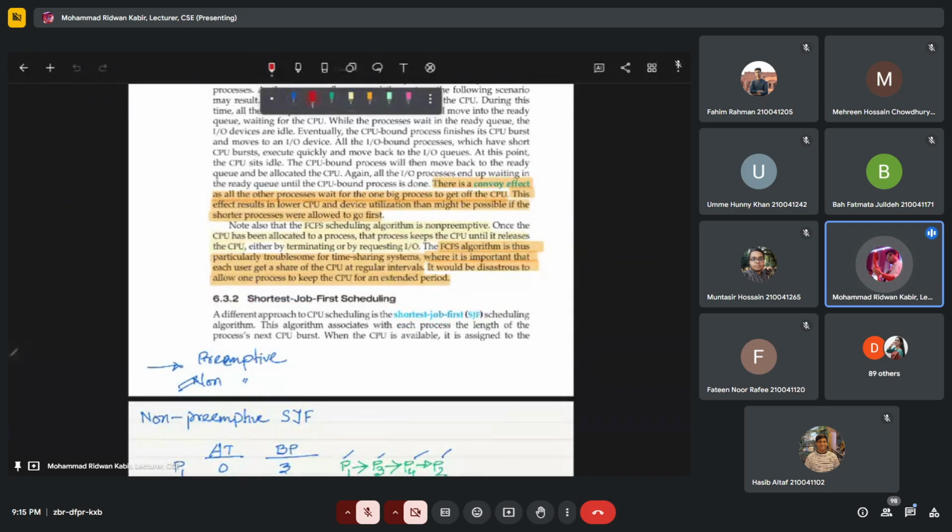Before we go into the preemptive scheduling algorithm, we'll talk about a non-preemptive scheduling algorithm, and this is basically the shortest job first algorithm, which sorts the processes by their CPU burst cycle in increasing order.